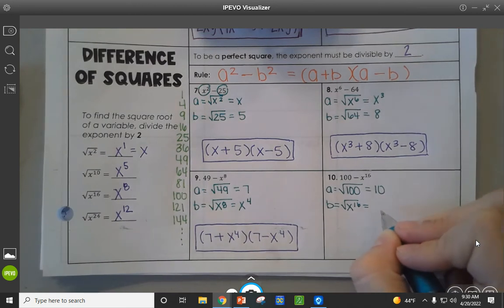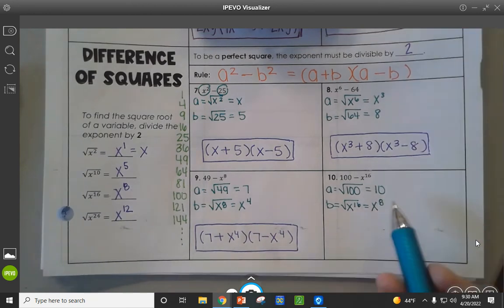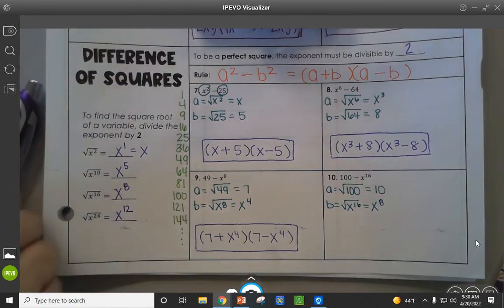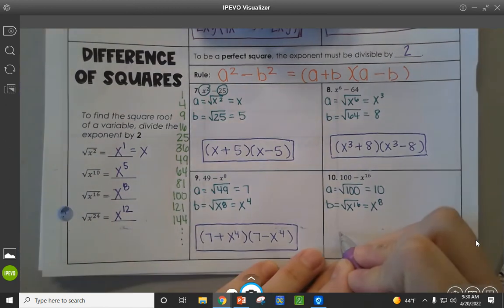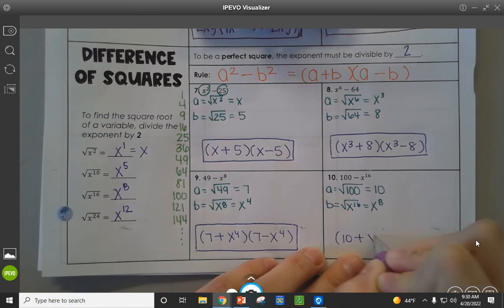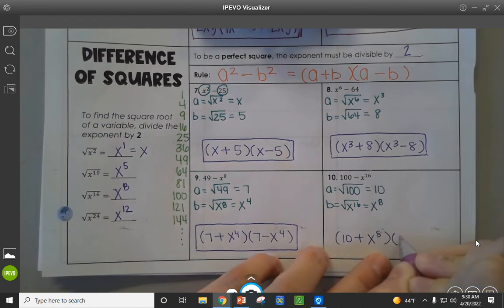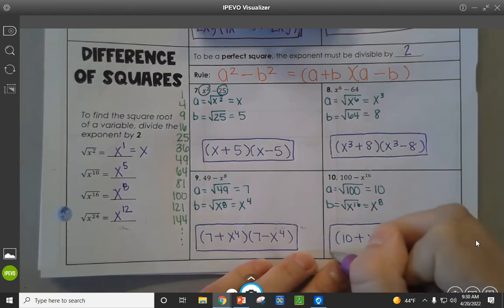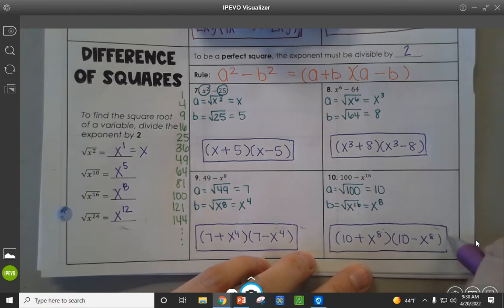No. X to the 8th. When I give you an exponent that's a perfect square, that's going to throw you off. When it's the exponent, divide by 2. So my answer is 10 plus x to the 8th, 10 minus x to the 8th. If you put the minus first and then the plus, that's also okay.